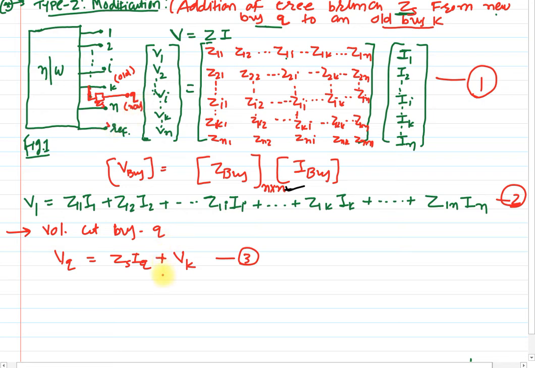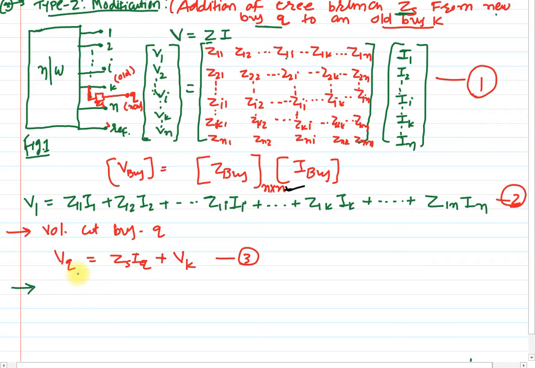Okay, so we have written. Let us understand what happened if the bus number Q is added into the bus number K, which is the old bus.